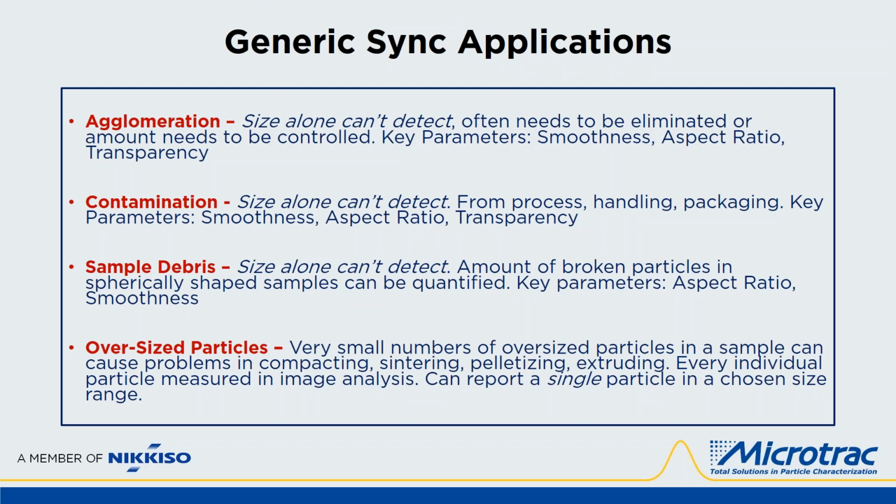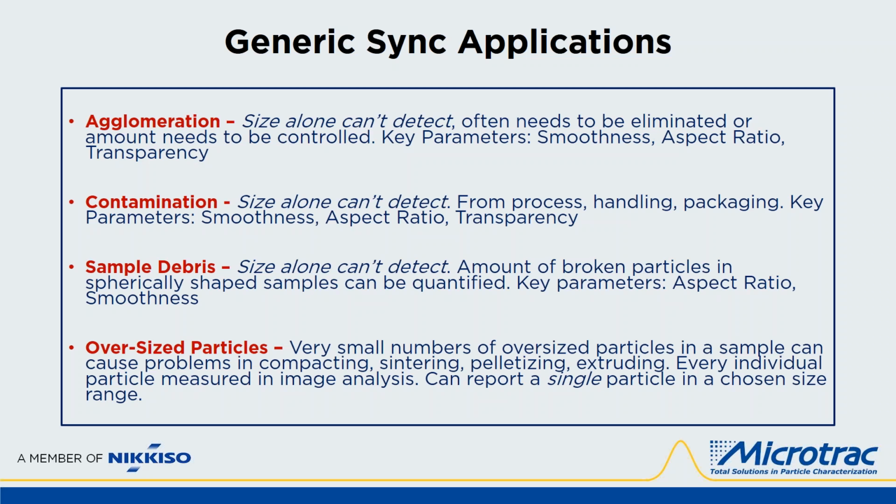The previous slide focused on specific applications known to require size and shape measurements, but generically, all applications of particulate systems share the same problems, which can be readily identified and quantified by a combination of size and shape properties.